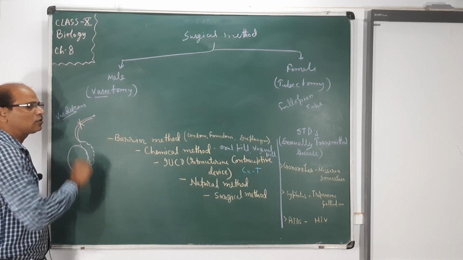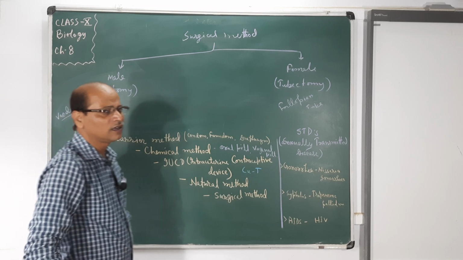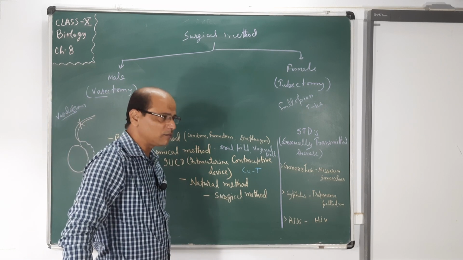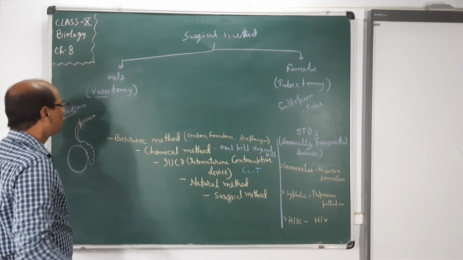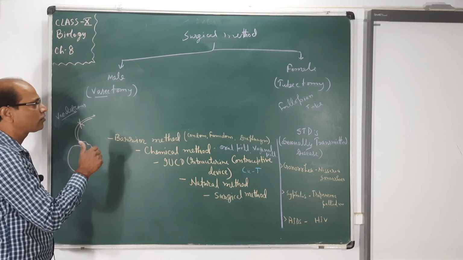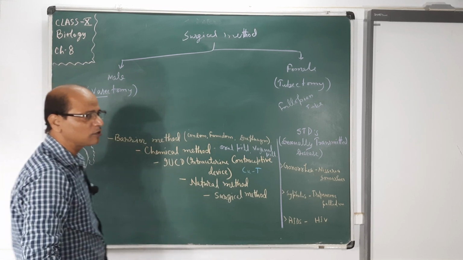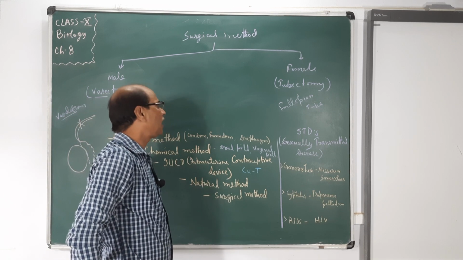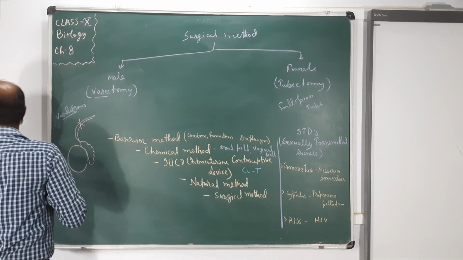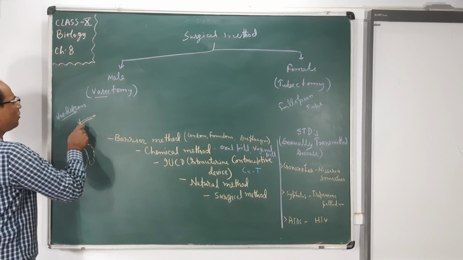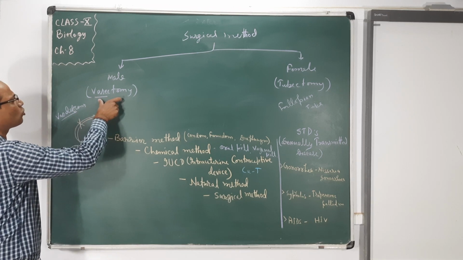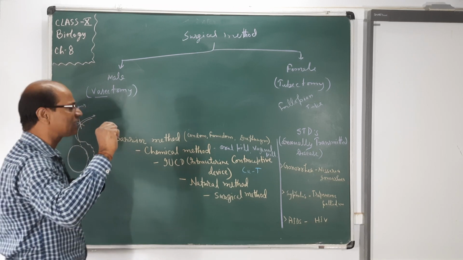They are unable to supply the sperm to the ovum, so they are not able to produce a baby, and fusion does not take place. This is called vasectomy, and in Hindi we can say it is nasbandi.